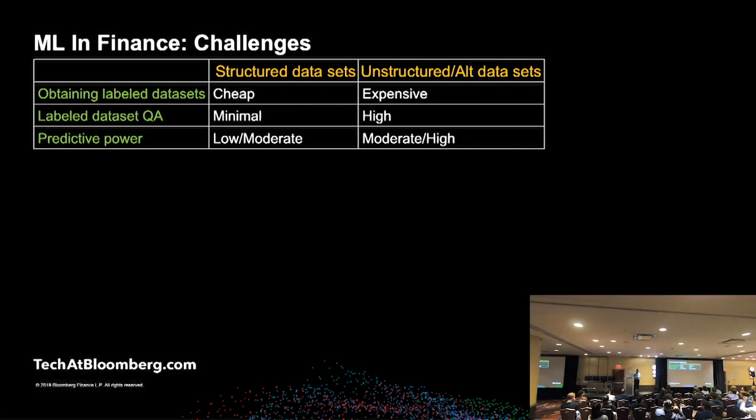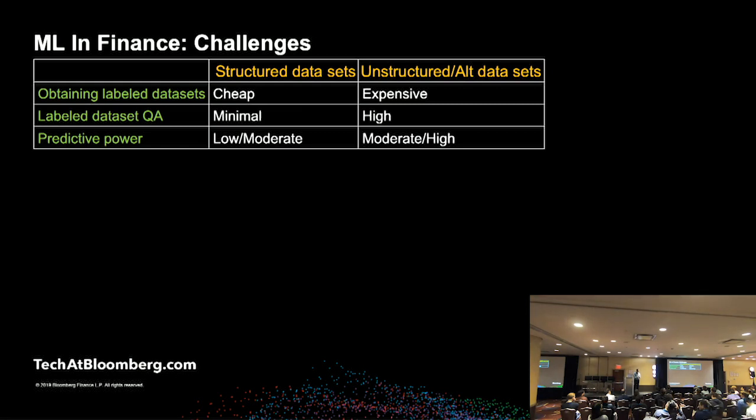But unfortunately, on the unstructured datasets, this is a very manual and tedious process. Examples are financial tagging of all the financial documents, or going through news stories and tagging them based on the sentiment as negative or positive. All these are very manual processes, and typically at companies like Bloomberg, we outsource to vendors like Crowdflower or other vendors.